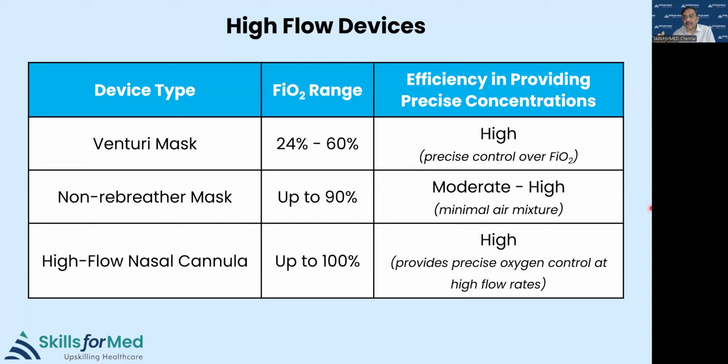They can still eat and all those things. So high flow nasal cannula actually came to the fore during COVID because people were afraid to ventilate patients, and it was proven that it reduces the oxygen and ventilatory requirement, and it also reduces the mortality. So high flow nasal cannula are very good devices if you want precise control.